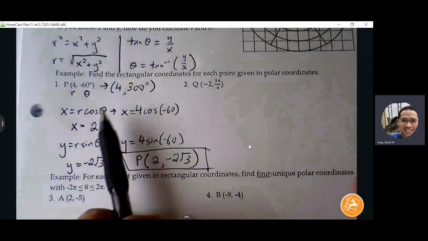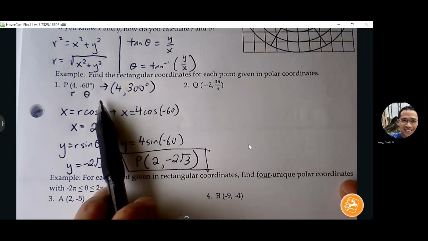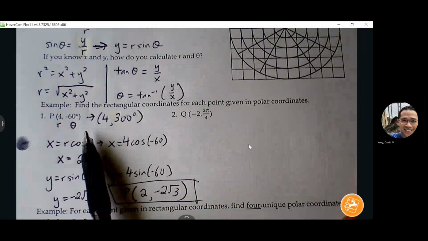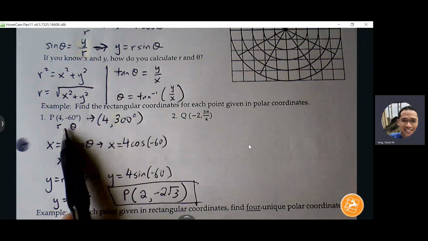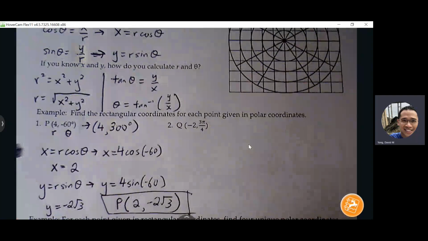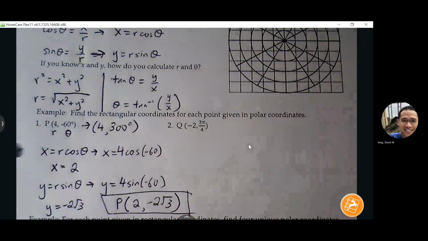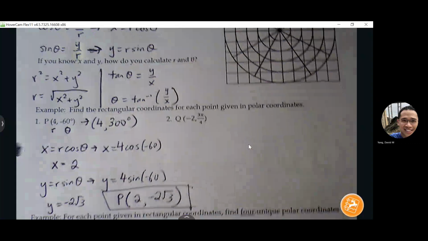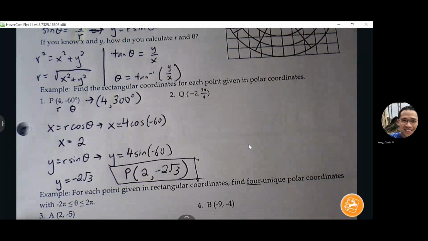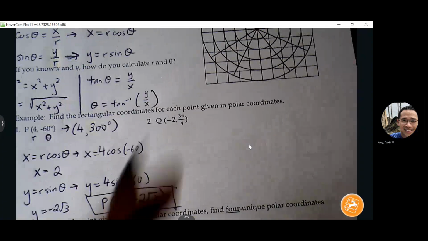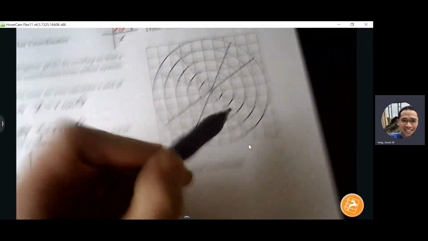But they will both get to the same location. So let me just show you here. If I want to go 4 units along the 300-degree line, that's fine. Like negative 3.46. So this is my 300-degree line here.